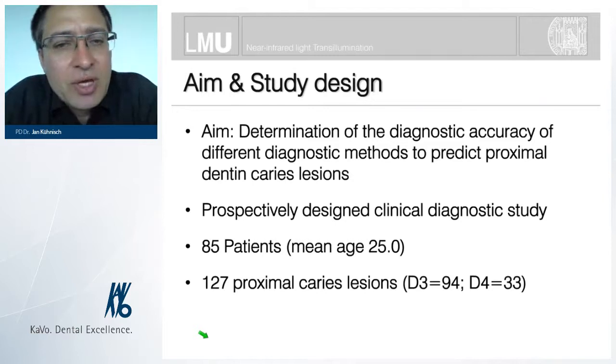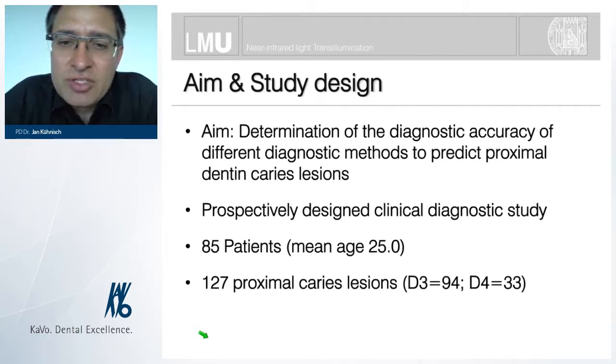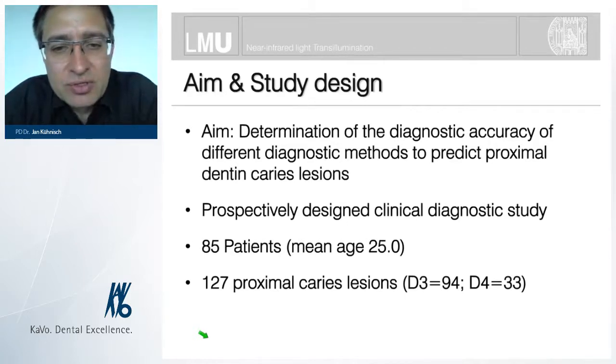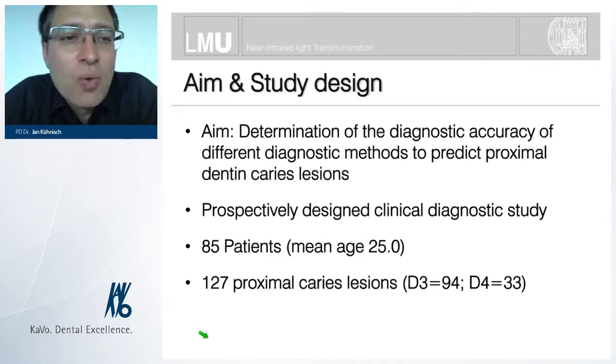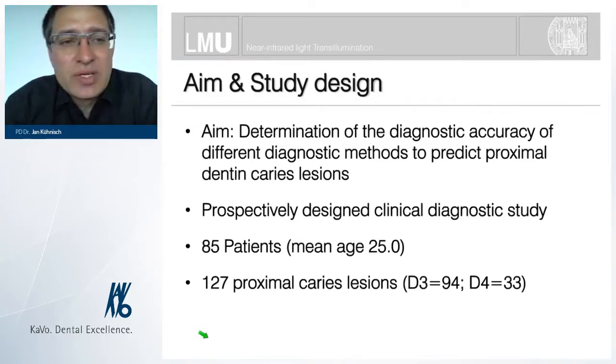We aimed with our clinical study to determine the diagnostic accuracy of different diagnostic methods for proximal dentine caries detection. In our clinical diagnostic study, we included around 80 patients, and finally 127 proximal caries lesions were investigated.